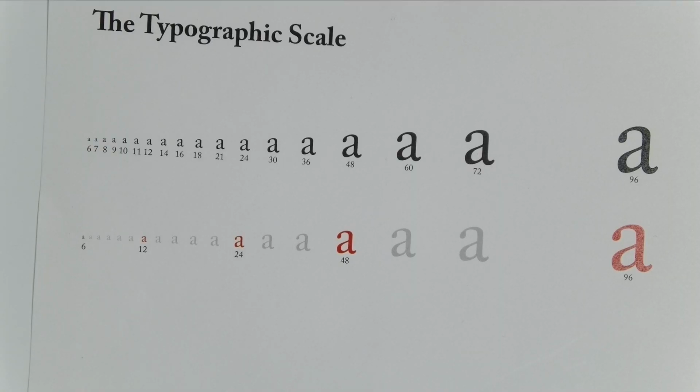I'm not going, oh yeah, I'll use 15 points here. Because that looks good, right? Looks good on my screen, I'll just use that there. I'll just use the default font size for my footer. No. You are thinking about how you are structuring and how you are laying out your elements based on an order, a scale. Does that make sense?